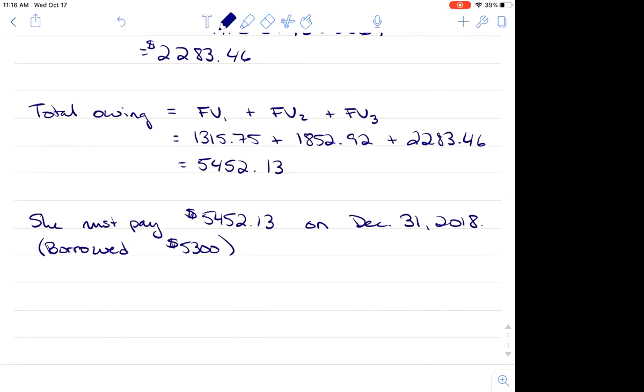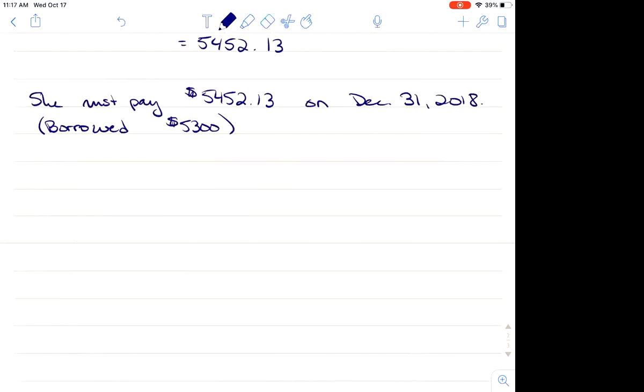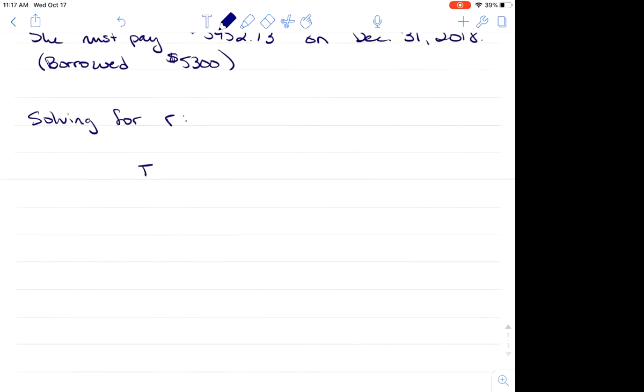Okay, so what if we had to solve for R? So we said this formula, the future value is P times 1 plus RT. We can solve for any one of these four things as long as we have the other three. So if we're solving for R, the future value is P times 1 plus RT.